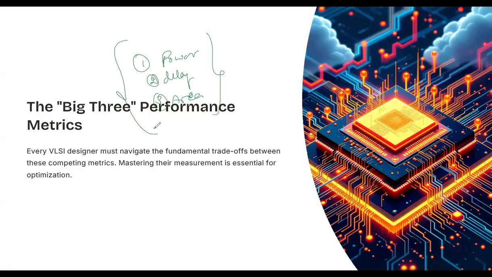Specifically in digital VLSI design, these big three performance metrics are very important. You can find other metrics, you can make multiple improvements in your circuit, but without improving any of these three performance metrics, you will not be able to gain attention for any circuit that you have designed.